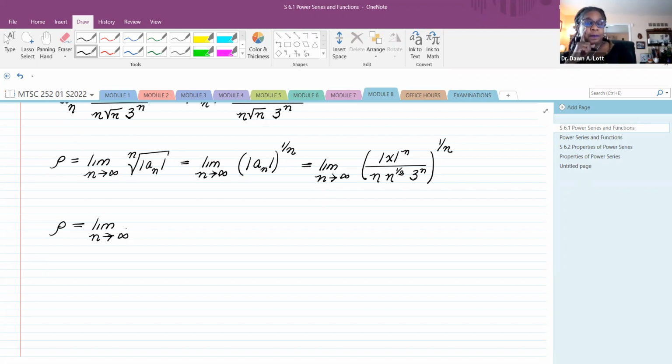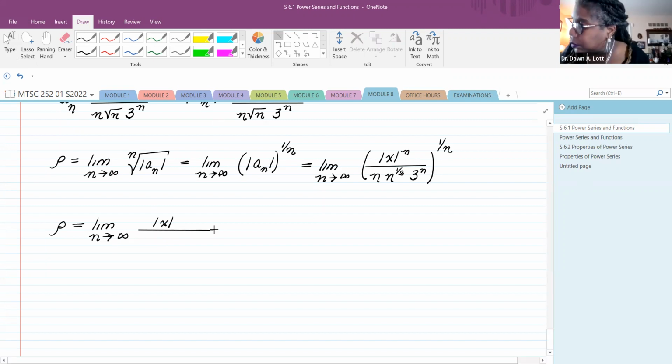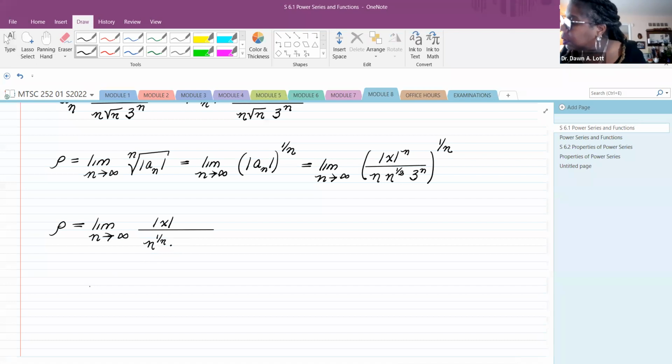What do you get? Absolute value of x. Okay. I'm going to get n to the 1 over n. Then I'm going to get n to the 1/2 to the 1 over n.